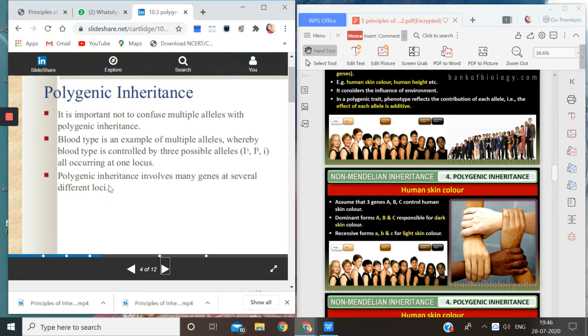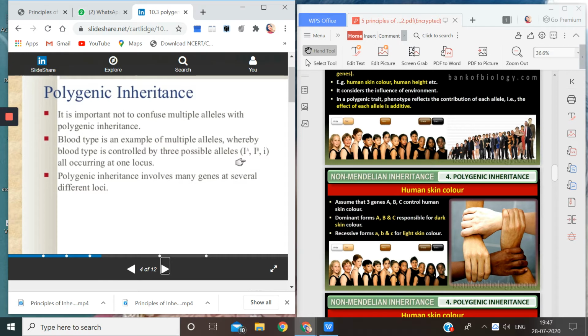I hope I am clear. Again, in multiple alleles, the example of blood group, there was only one gene, but that gene had three alleles, and all of them were present at the same locus.